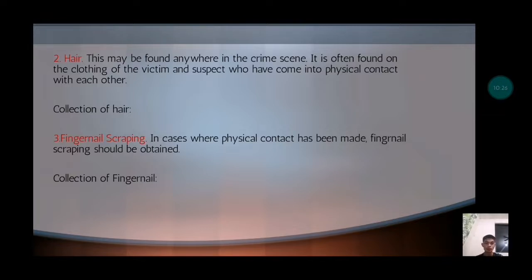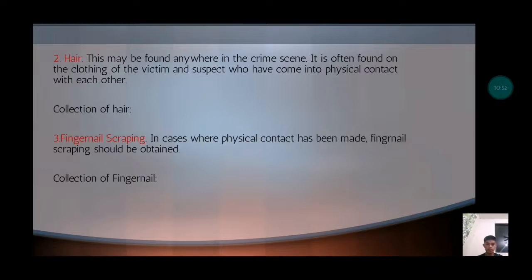So for the collection of fingernail scrapings, first is to clean each fingernail with a clean fingernail file. The second is to place the scraping from each finger on already labeled paper with a notation of which finger it came from.